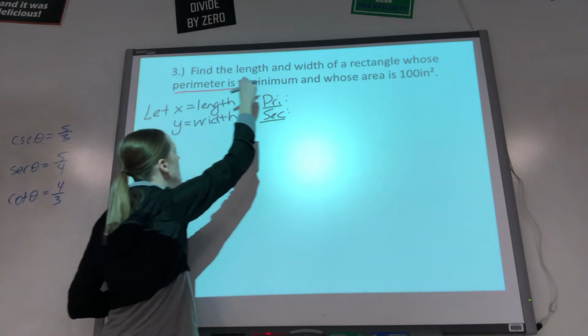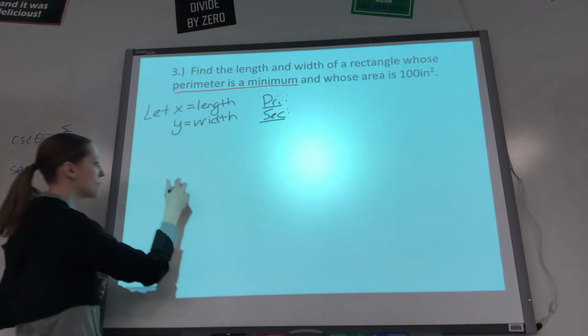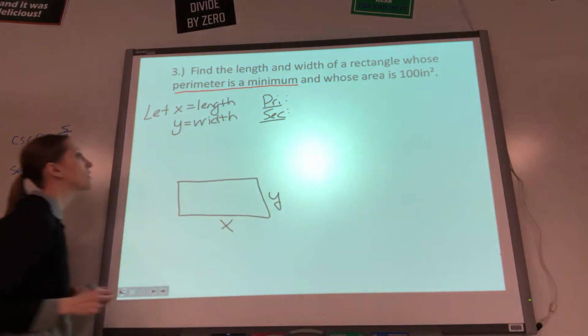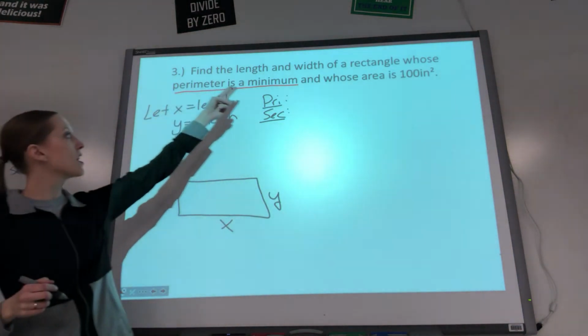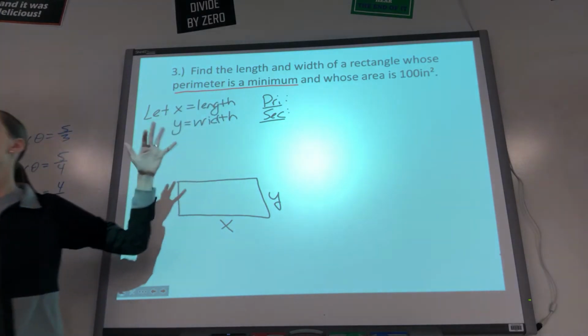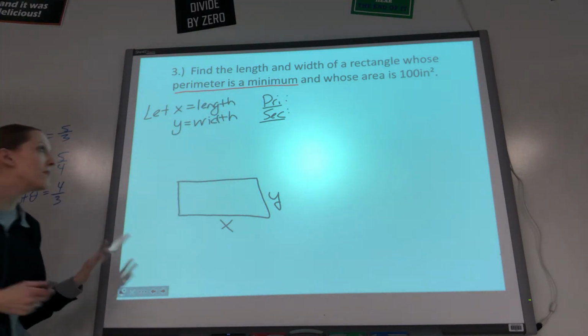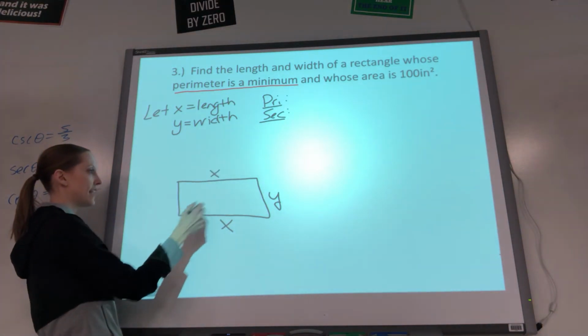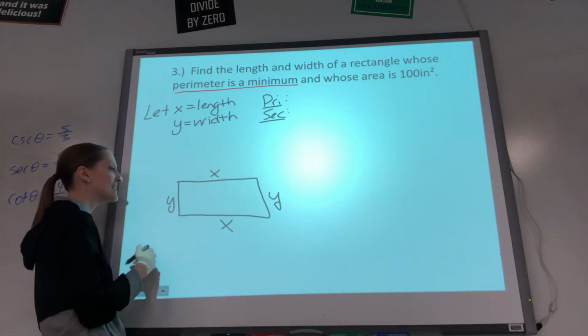So right here, and actually I may put my picture back up just so we can think about perimeter for a second. But right here is talking about a minimum. The perimeter is a minimum. I mean, if this is x, that's x, and if that's y, that's y.